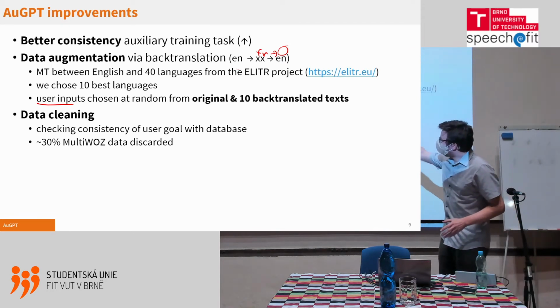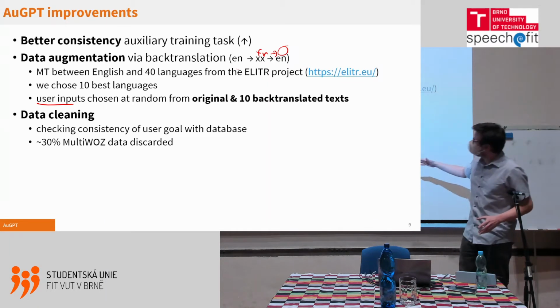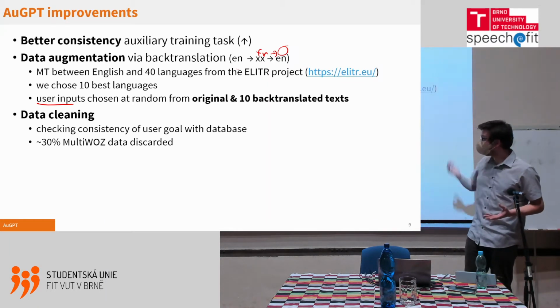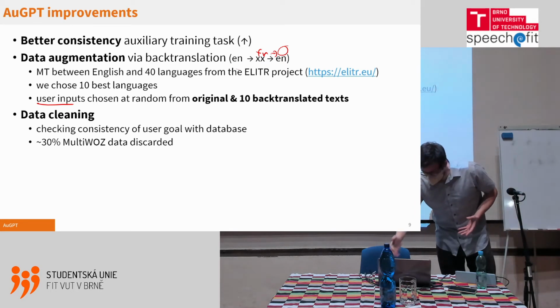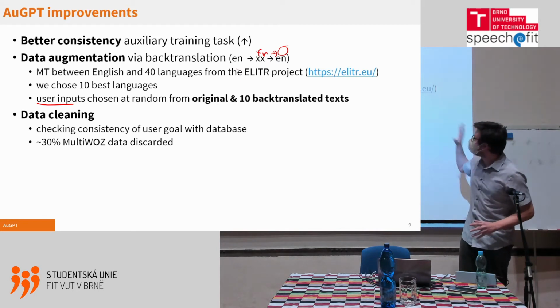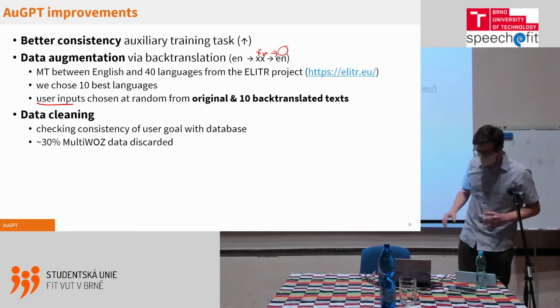So these things aren't some kind of fancy modeling approaches, but they actually work and improve the system performance. These are ways to make the system a bit more robust, a bit more consistent.